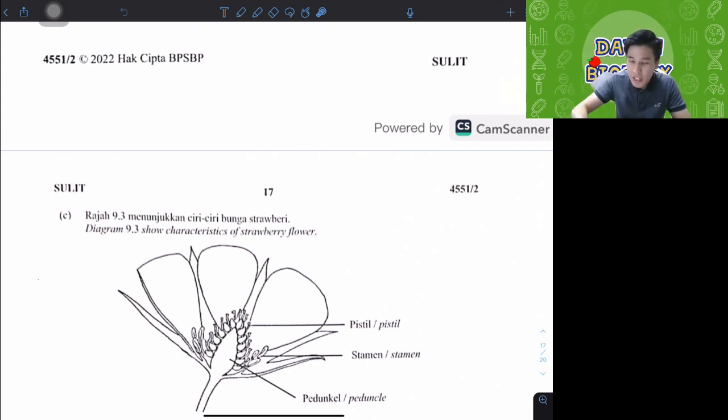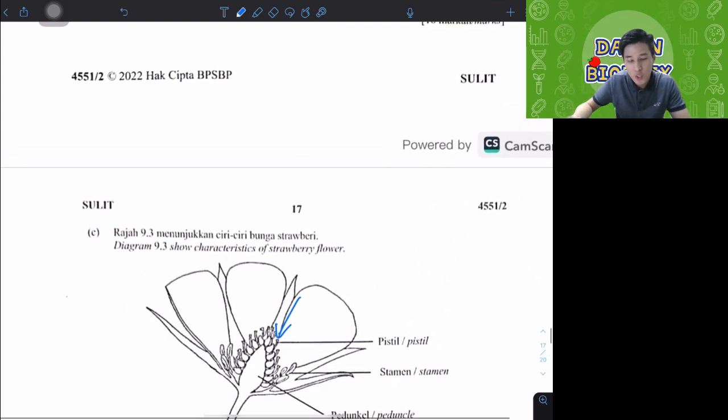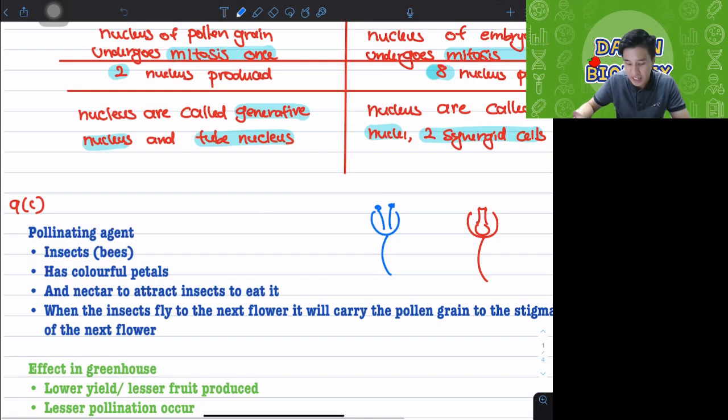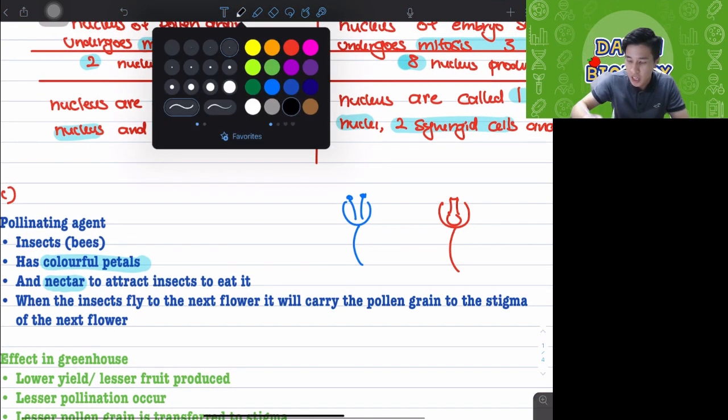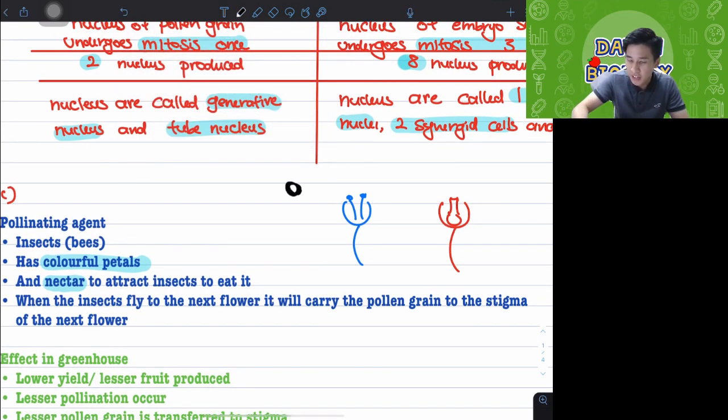Not just that, when the bee comes inside the flower, usually inside the flower, they have nectar. Sweet nectar, like honey, flower nectar, for the bee to suck and eat. So when the bee is inside, let's say this is the bee over here, when the bee is inside the flower eating the nectar, the body of the bee will be exposed to the pollen grain from the anther.